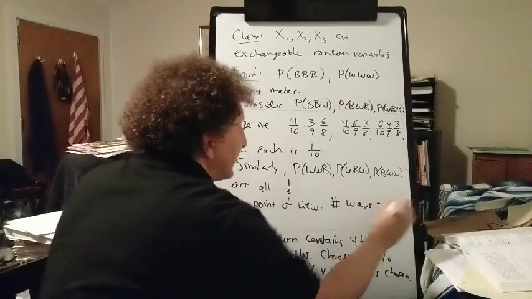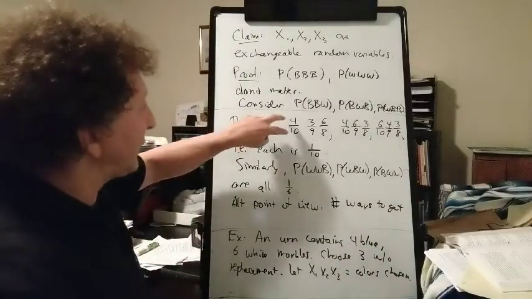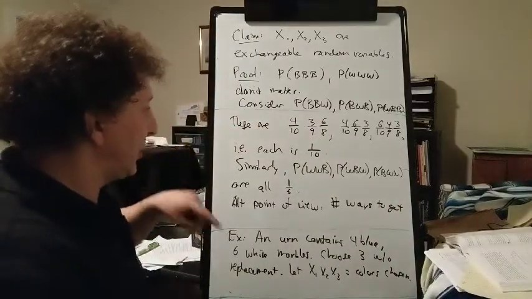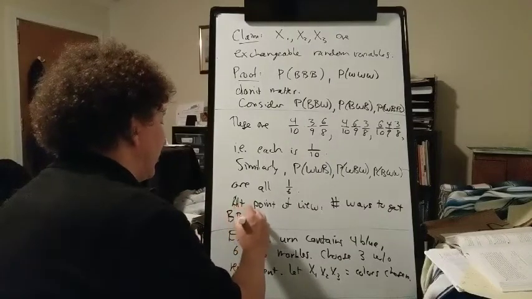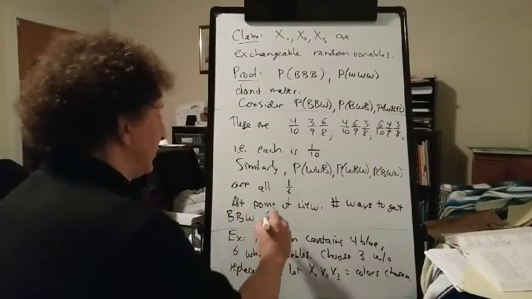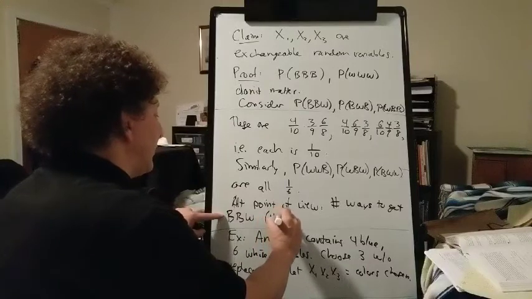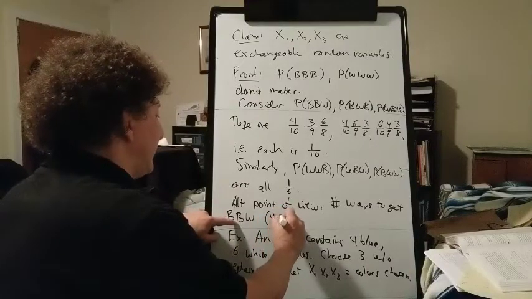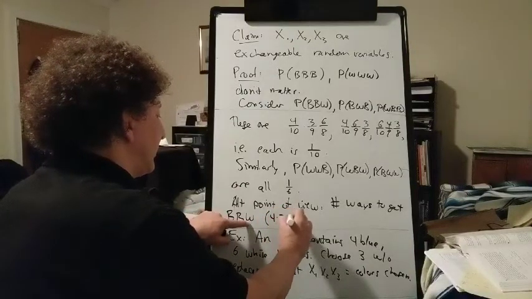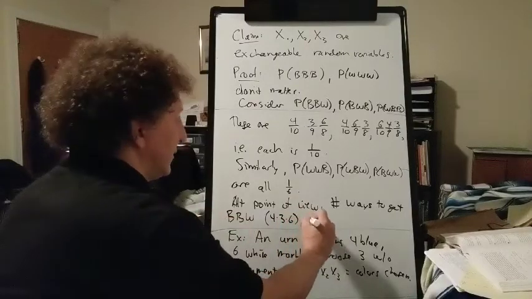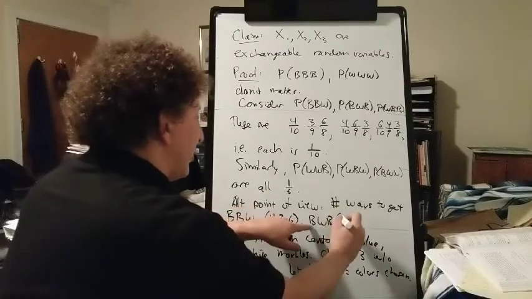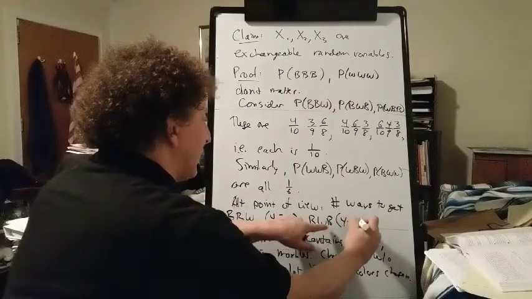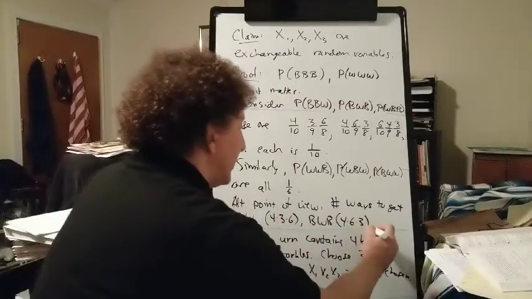Instead of multiplying 3 different probabilities, we could look at the number of ways to get blue, blue, white, which is 4 ways to get the first blue, 3 ways to get the second blue, 6 ways to get the white. Blue, white, blue: 4 ways to get the blue, 6 ways to get the white, 3 ways to get the second blue.